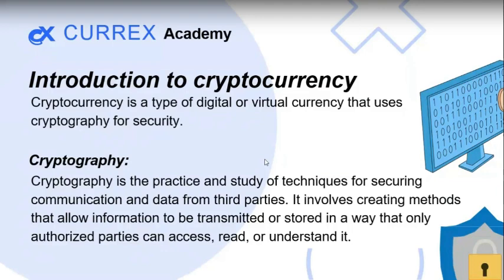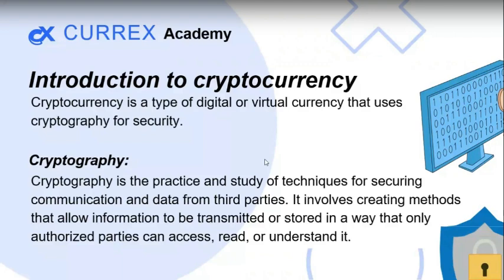Crypto is taken from the word cryptography, which we'll define later on. Currency, we know what currency is. It can be something you exchange to get value back. A simple example is the money we spend, to get value back or to purchase something. So when we bring these two words together, that makes it cryptocurrency.